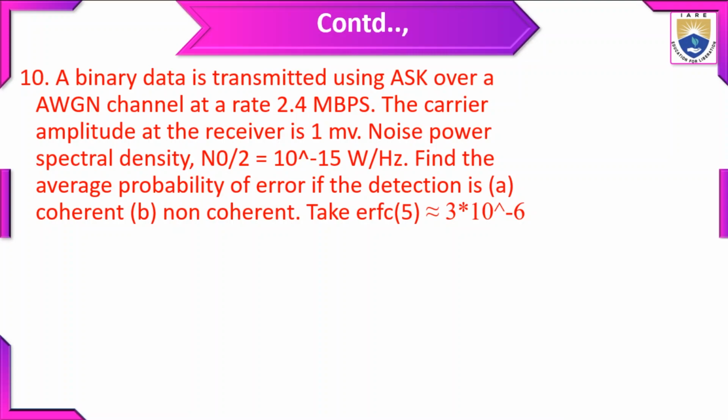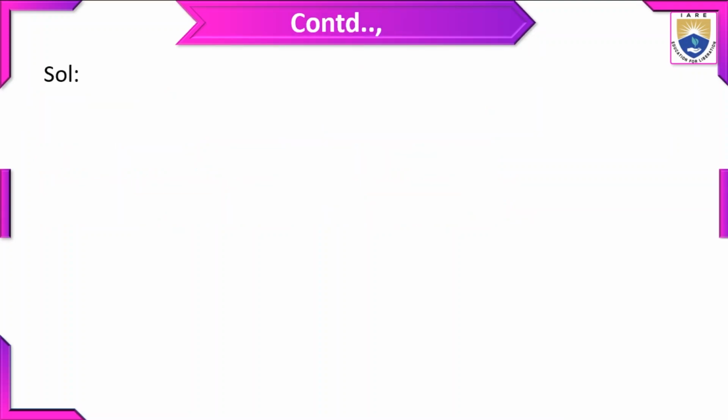But here the probability of error detection is in two ways. One is coherent, another is non-coherent. Okay. So let us start the problem. So first one is the carrier amplitude A_c or A, 10 power minus 3 volts. The given bit rate R_b, 1 by T_b, is equal to 2.4 into 10 power 6 bits per second.